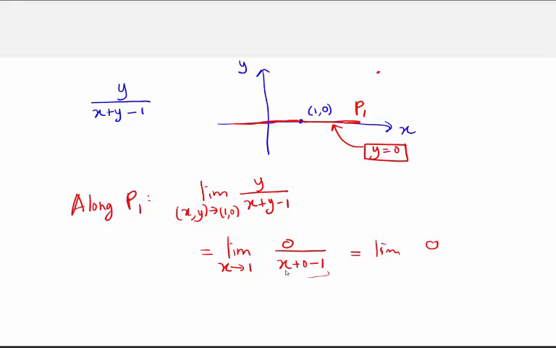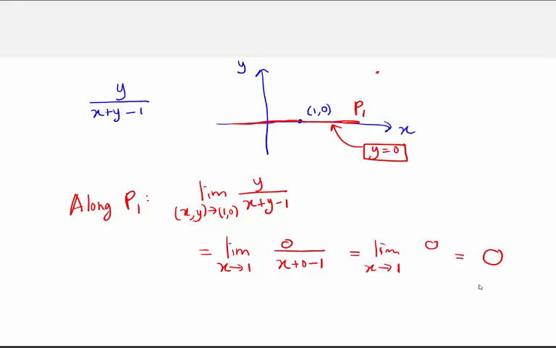So 0 over something which is not 0 will always be 0. Therefore, now the limit is the limit of 0 as x approaches 1. Well, this is just 0 since 0 is independent of x anyway. Therefore, the limit along P1 is 0.